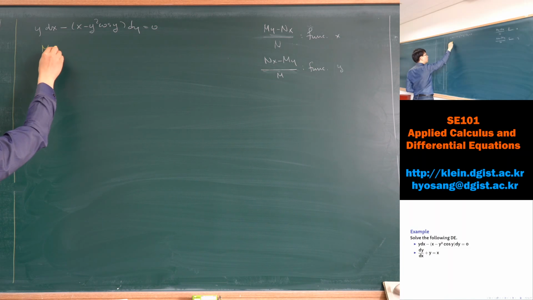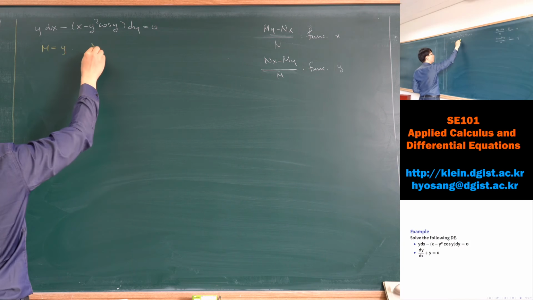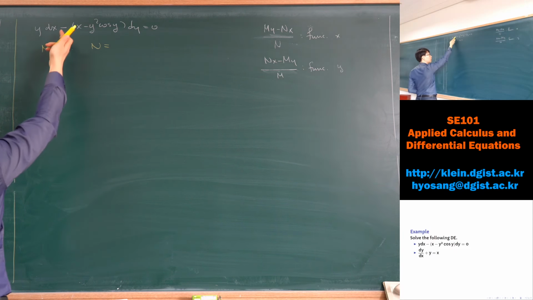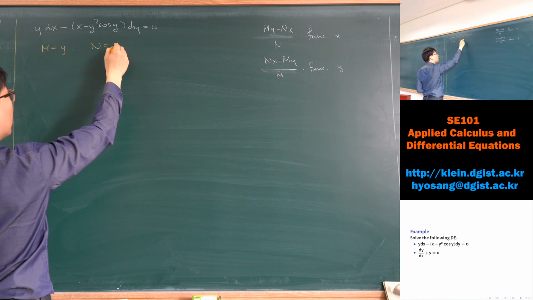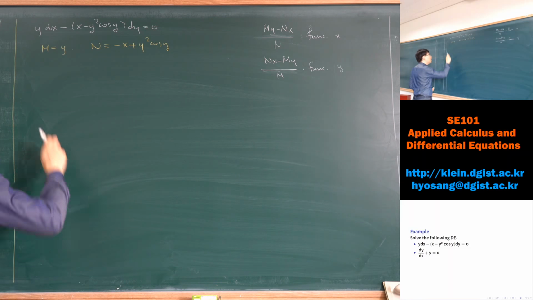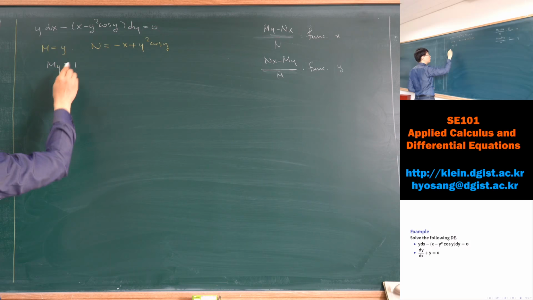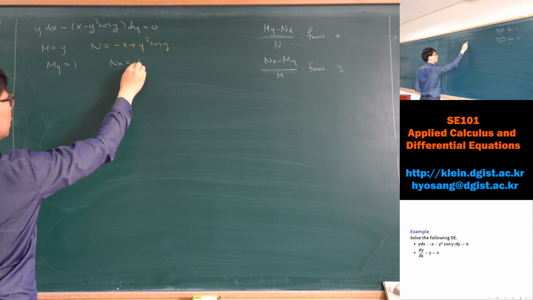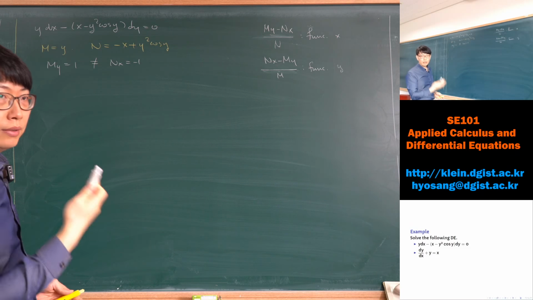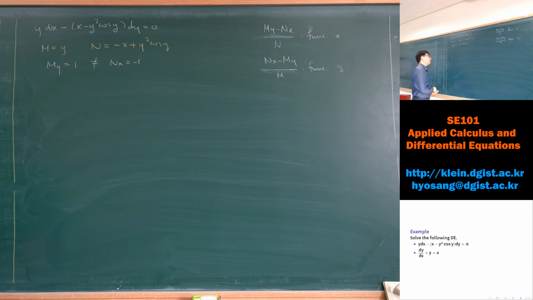First of all, m is y, and n is not x minus y squared. It has to contain a minus 1 here. So we have n equals minus x plus y squared cosine y. And my equals 1, but nx equals negative 1. These are not equal, so this differential equation is not exact. So we have to look for an integrating factor to make this an exact differential equation.